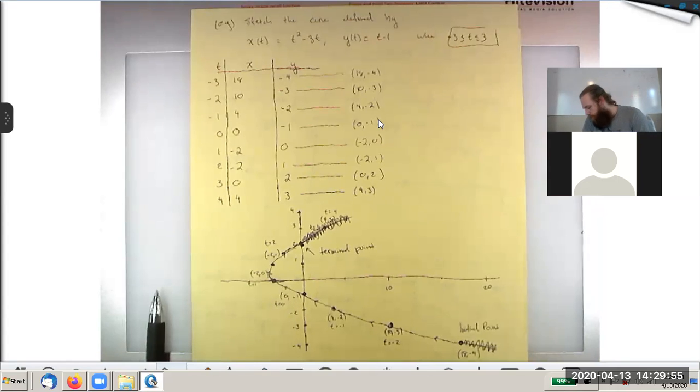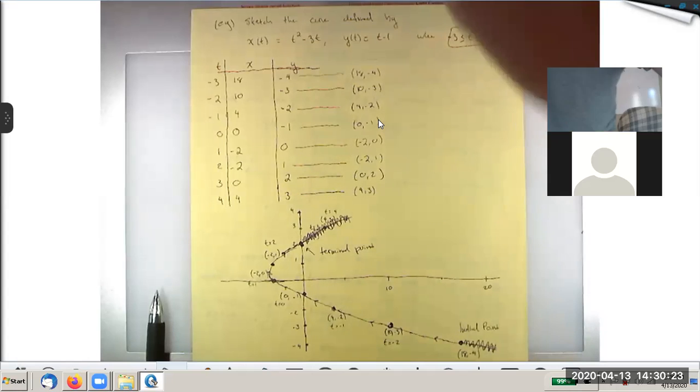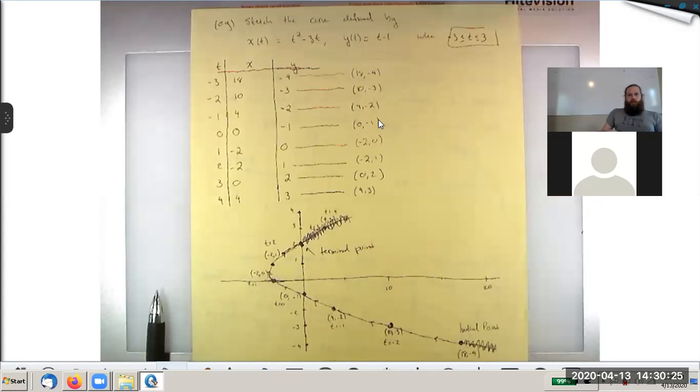Every time you graph one of these parametric curves, it's crucial that you show the orientation. So y'all feel pretty comfy with where this graph came from?